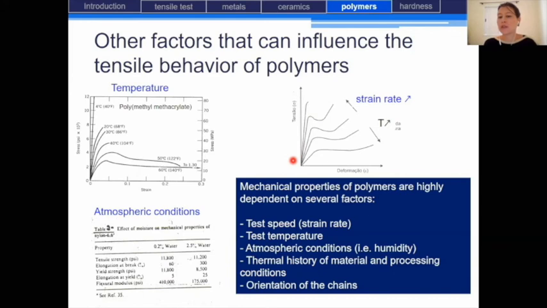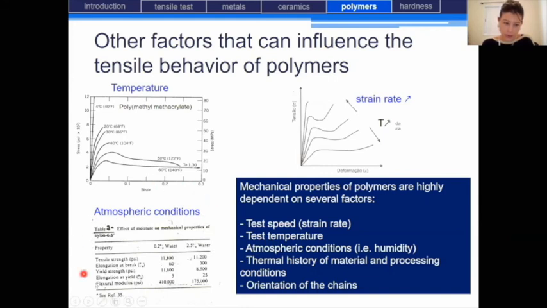If we use it at a relatively low strain rate, you have a ductile material, and when you increase the strain rate, the behavior tends to be more fragile. So it is very important to define the strain rate and to have a look at the technical standards when you want to compare your results to the results of the literature.